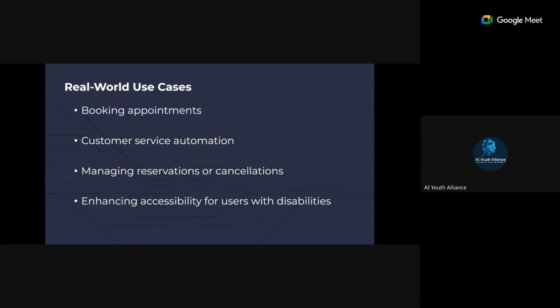An often overlooked but incredibly impactful use case is Duplex's role in improving accessibility. For users with disabilities, Duplex removes barriers by automating tasks that may be challenging, such as making phone calls, coordinating appointments, and navigating customer service systems. Imagine someone with a speech impairment who needs to book a doctor's appointment.